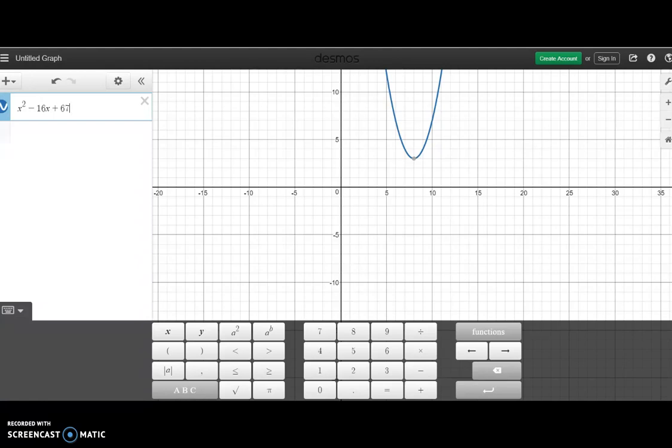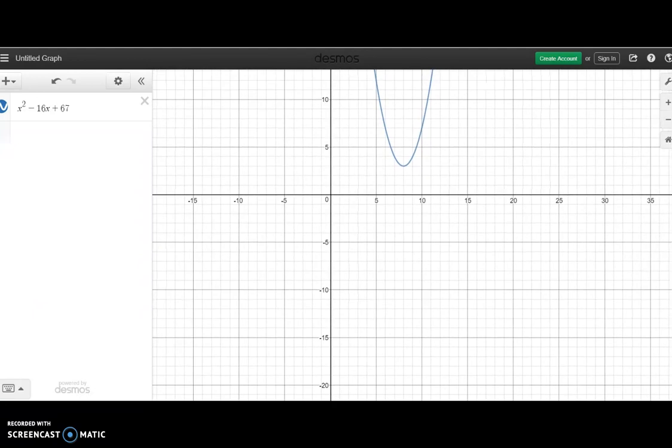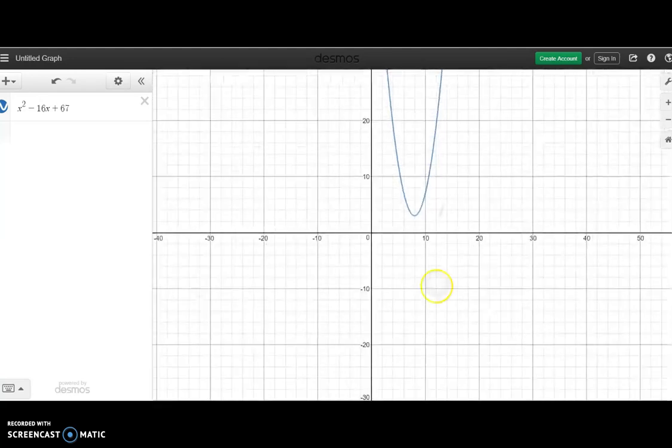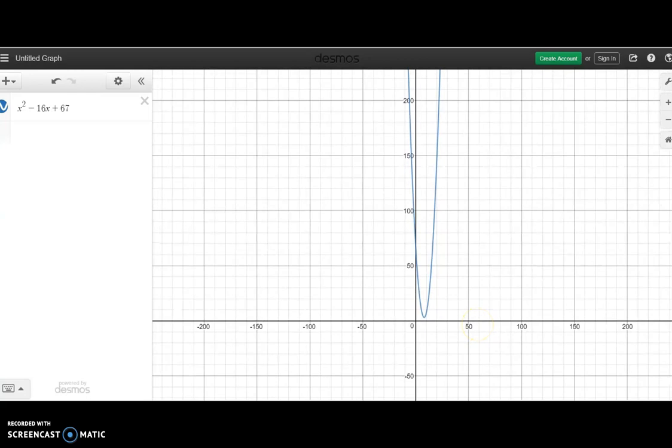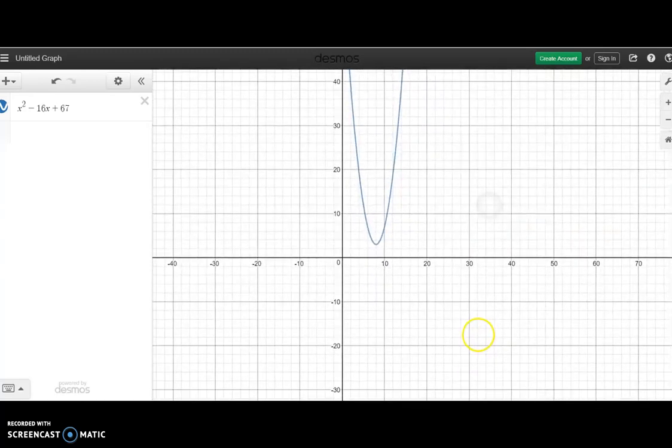And what can you see? When you look at this graph, what can you see? Well, the question was finding the domain and the range. When you look at the domain, I can see very easily that my domain is from minus infinity to plus infinity.